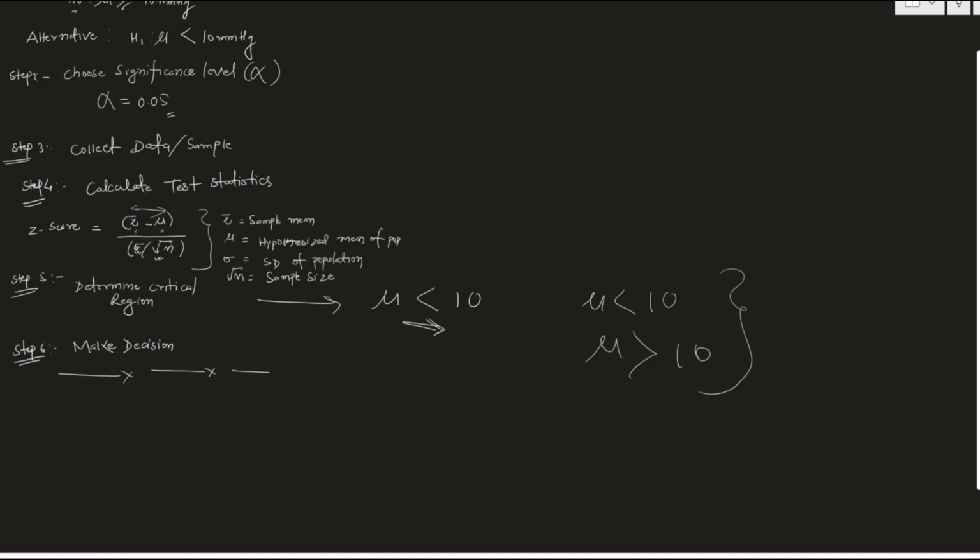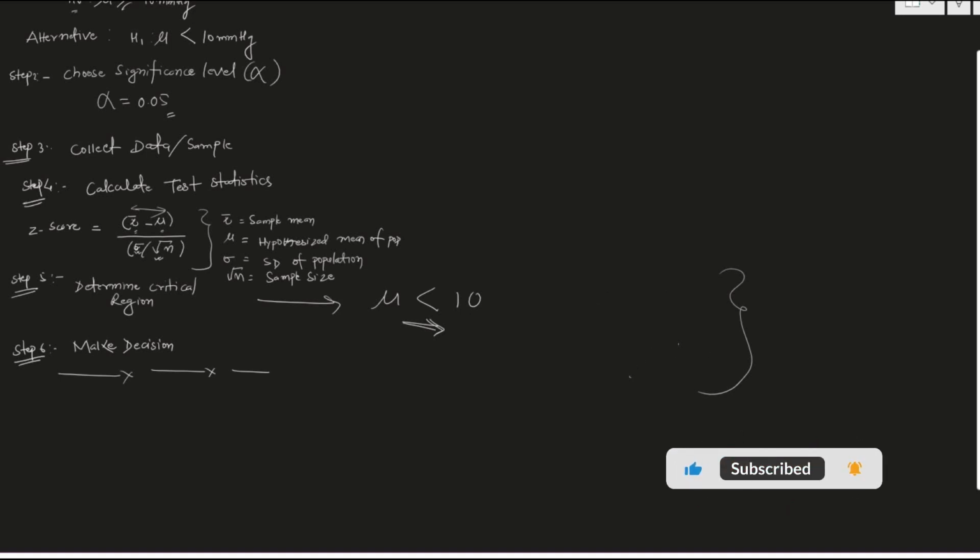In that case it will be two-sided, but in this case it is just one-sided, right? Finding the direction from your problem statement plays an important role. There is no specific way of finding the direction. You have to find it from the problem statement itself.